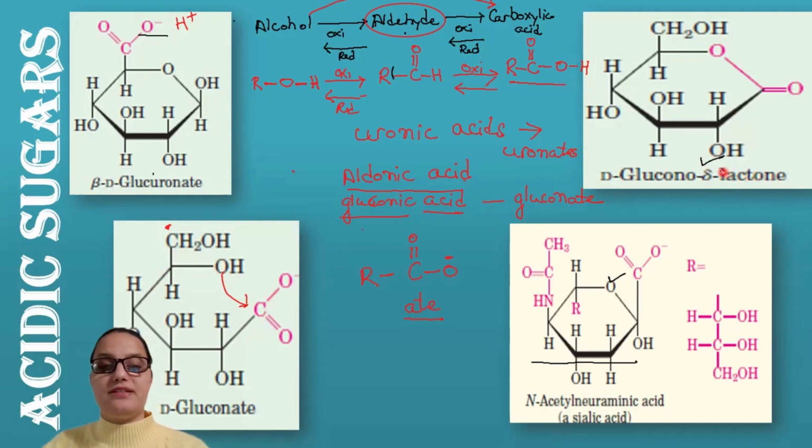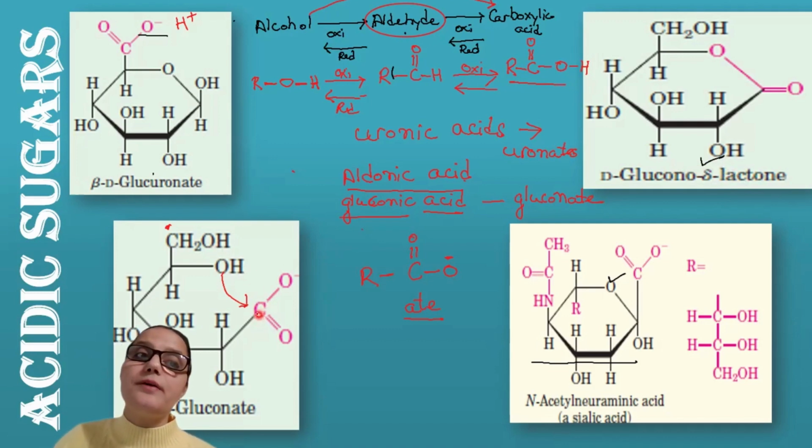Now, apart from this, here we could see that either the carbon number 1 is being modified, or carbon number 6 is getting modified, or the groups present on carbon number 2 were getting modified. We did the amino sugars. Maximum when we were doing the muramic acid, then over there, two of the carbons were getting modified.